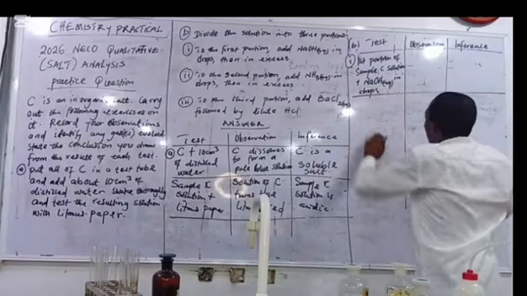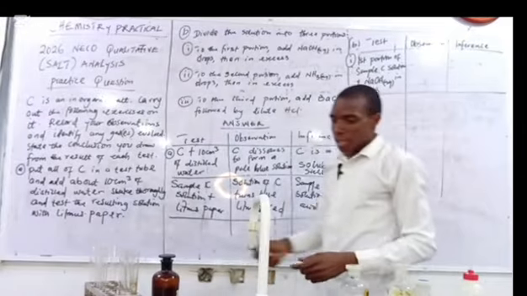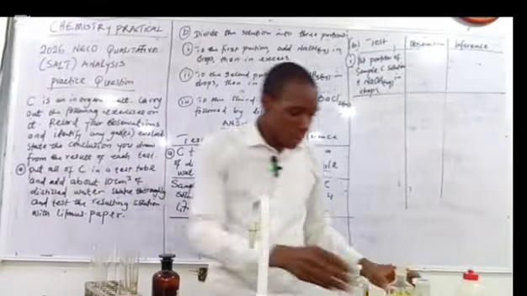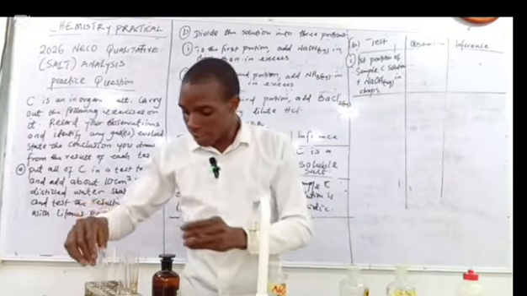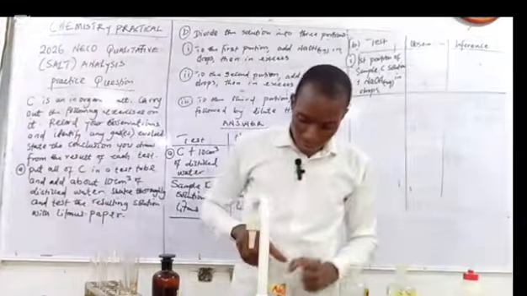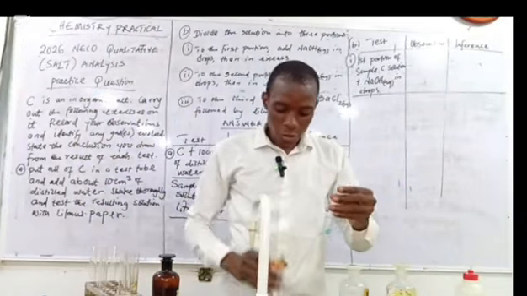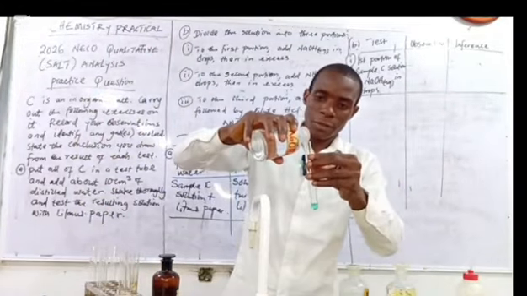Okay, so let's record what happens in drops. So let's check here. This is NaOH, okay? So I'm going to do the test. This is the first portion. So let's try that and see. So you say in drops, just drops.